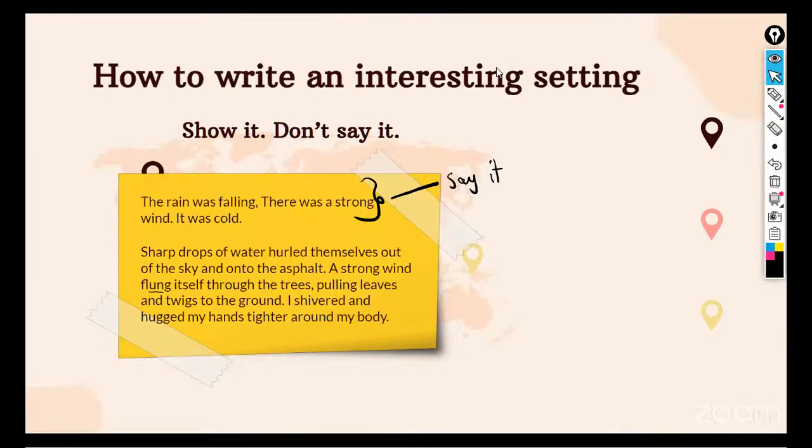So this is an example of showing it, right? So we're going to take down the example.